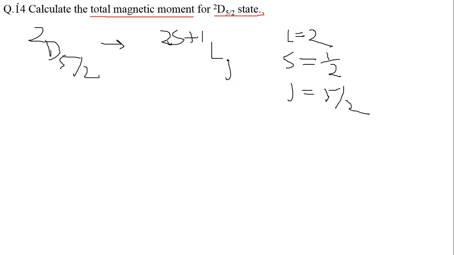And here we want to calculate the total magnetic moment, and for that we need the total angular momentum quantum number, which is J equal to 5 by 2.